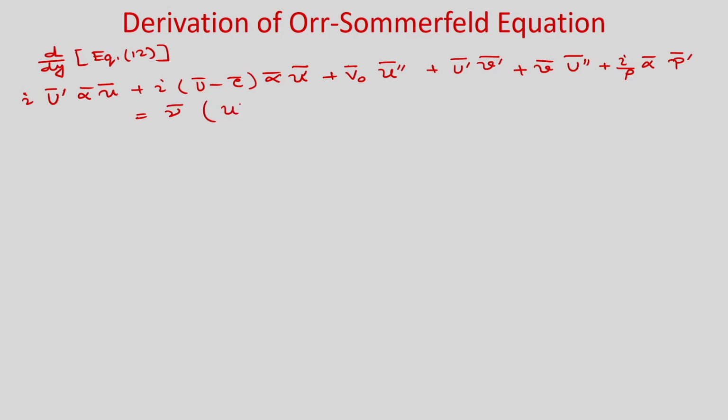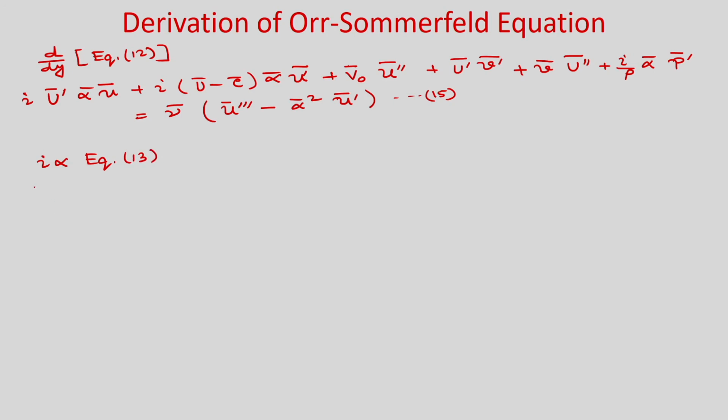So, it will be u triple prime, that means d cube u bar by dy cube minus alpha bar square and u prime bar. Okay. So, let us say this is equation 15.